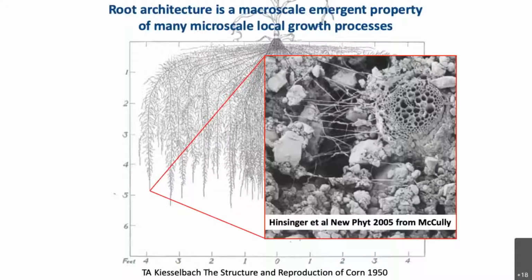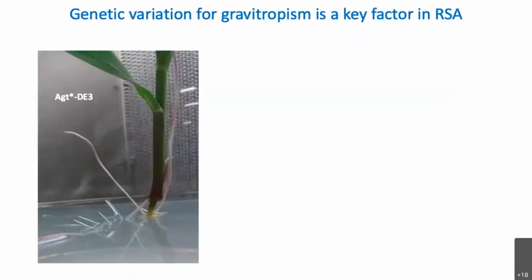This is an SEM of a root, I think a barley or wheat root. We can see the hairs, the root hairs, the rhizosheath, the pores. And so it's a major question as to how the collective behavior, so to speak, of all of these individual roots add up to the emergent property of the architecture. Very different scales that we have to put together.